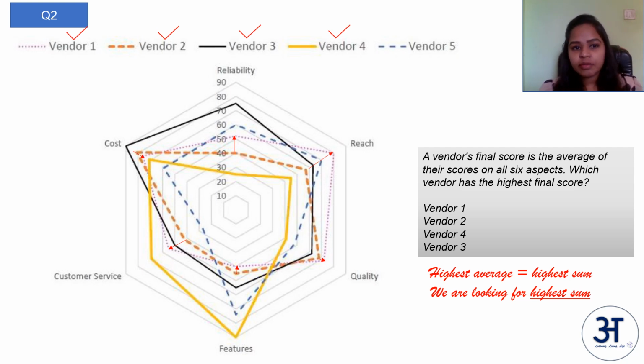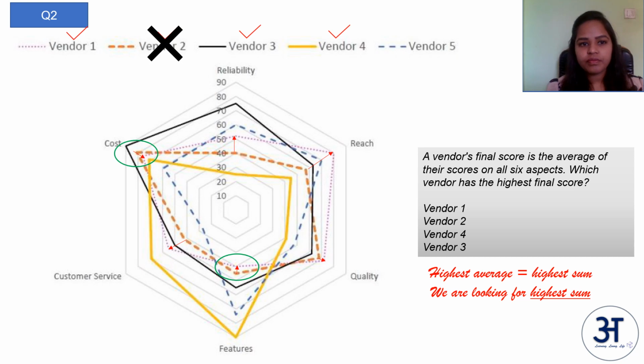And obviously by visualization itself you can understand that it can easily get cancelled by customer service, right? So the cost and features, whatever are lesser, can be cancelled by customer service, however much it is higher. So obviously vendor 1 is greater than vendor 2.